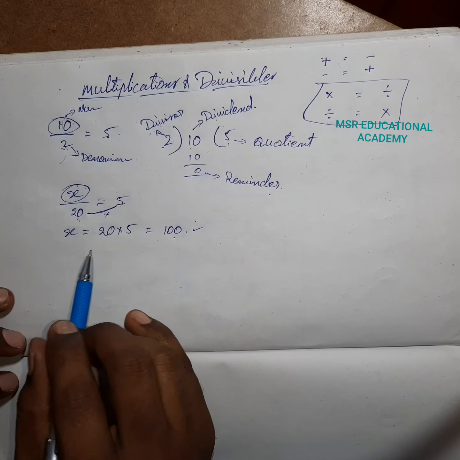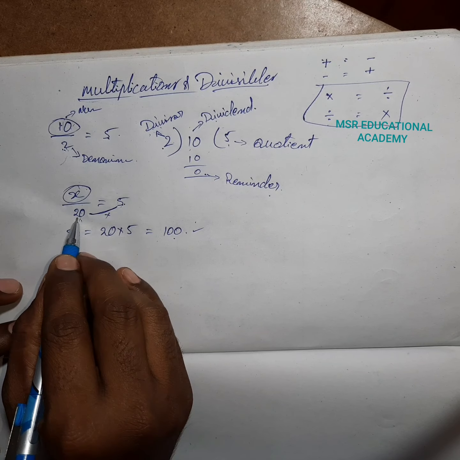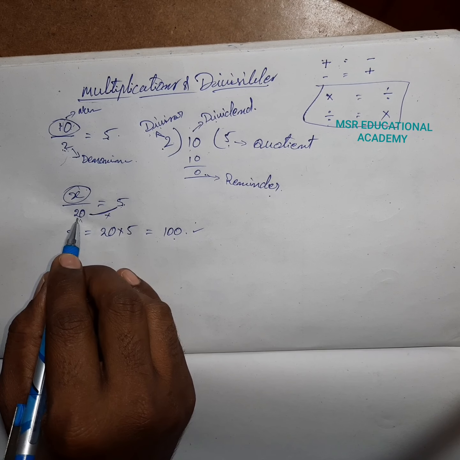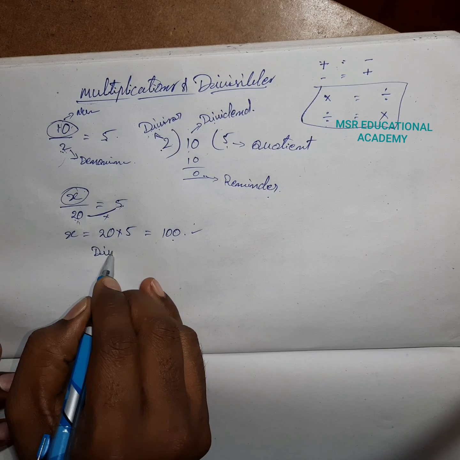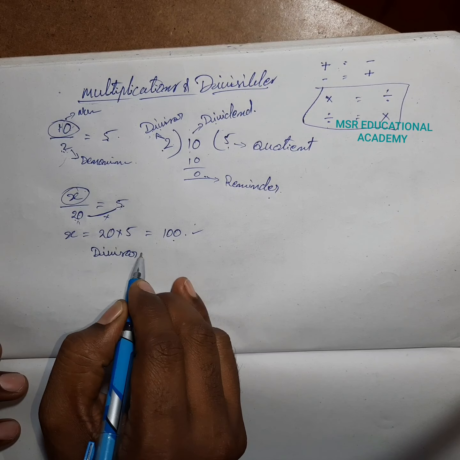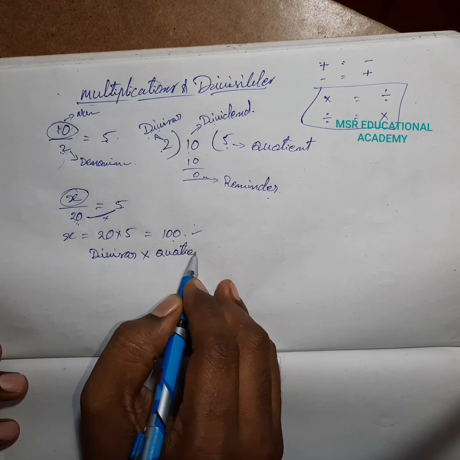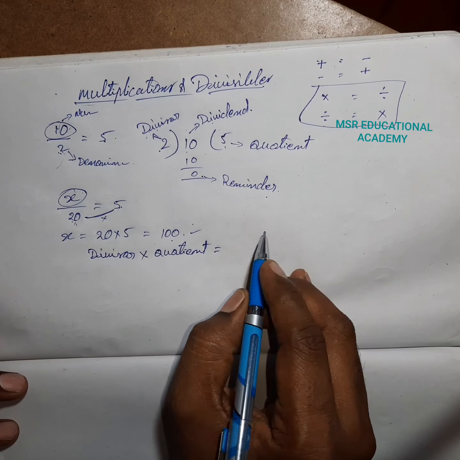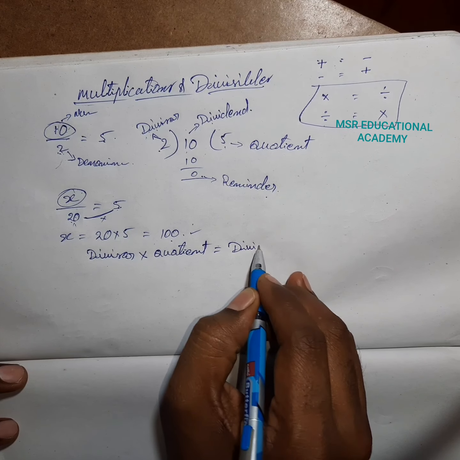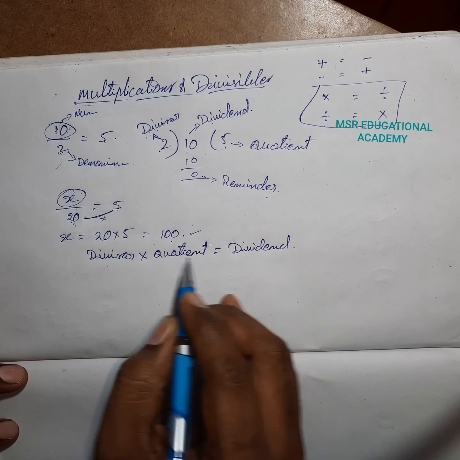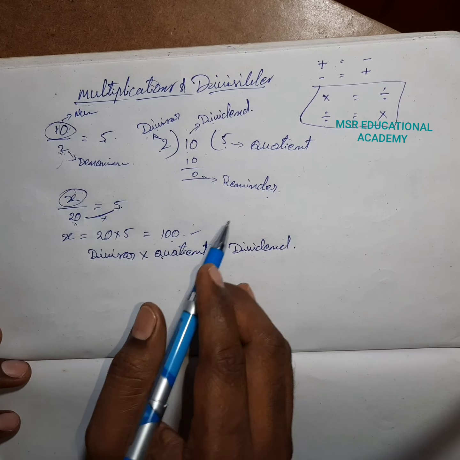Here I can write it like this: divisor into quotient, which is equal to dividend. This applies whenever the remainder is 0.